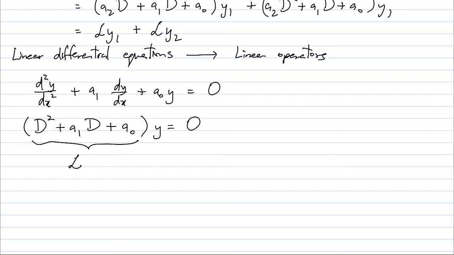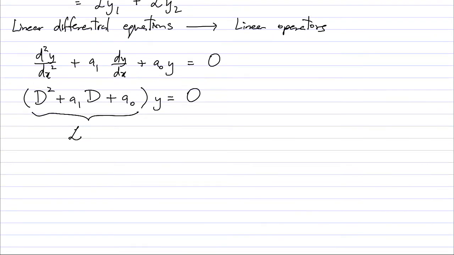Because a1 and a0 are constants, I can factorize this linear operator. What do I mean by that? Essentially, it just means that you treat d that is appearing in this linear operator L as some algebraic quantity.